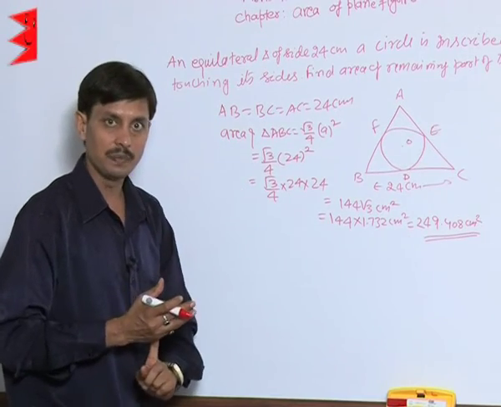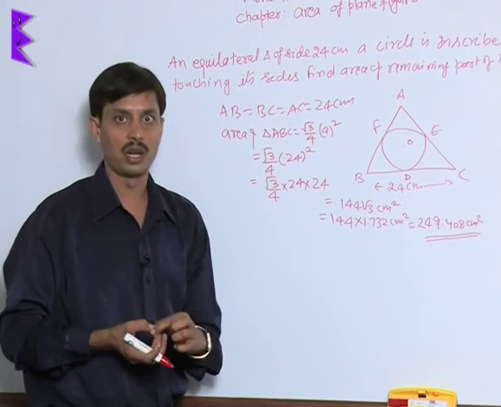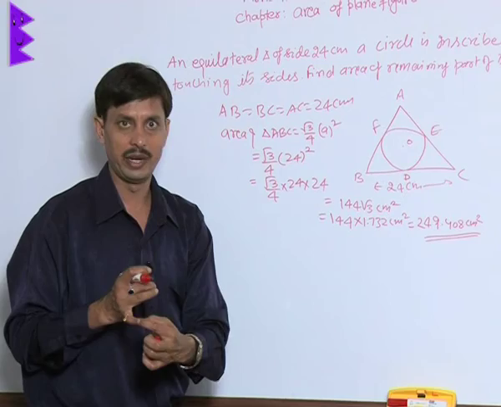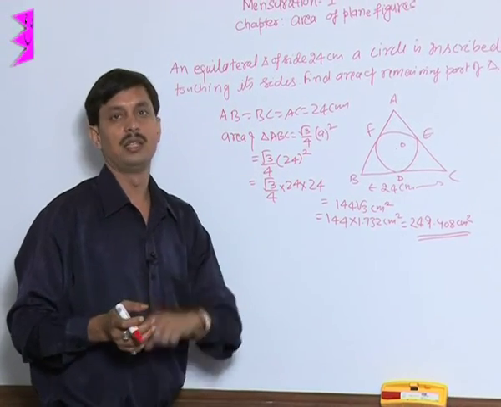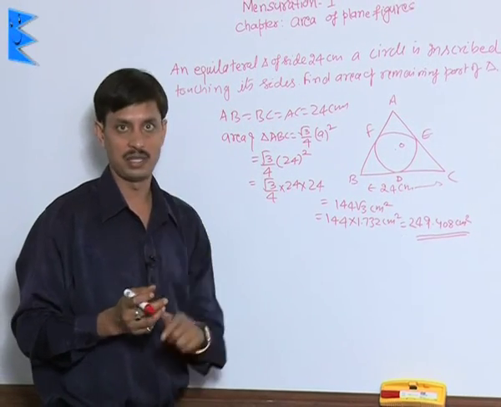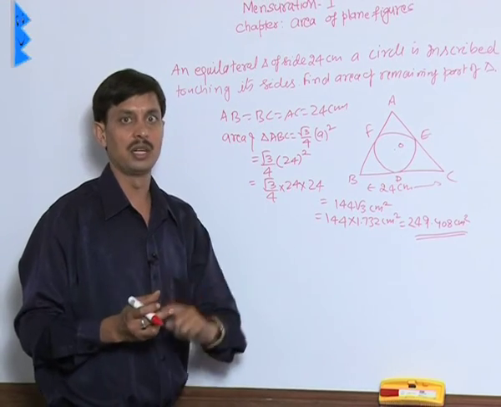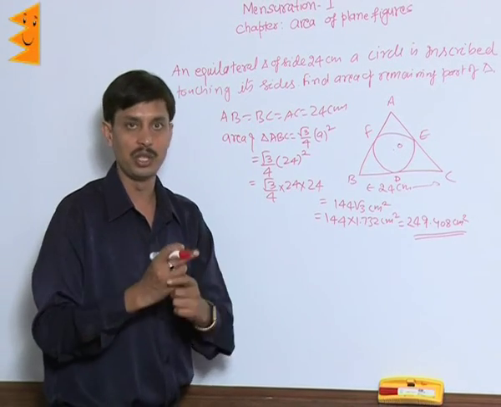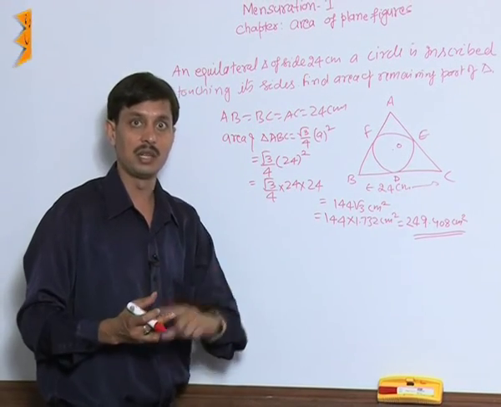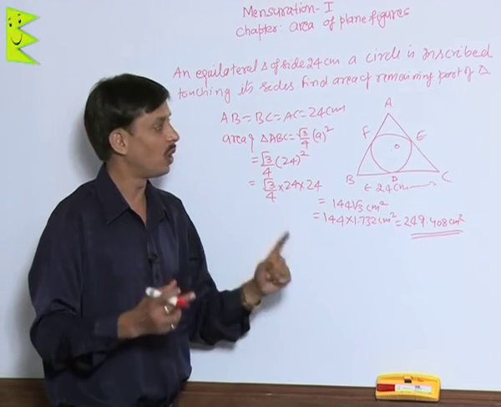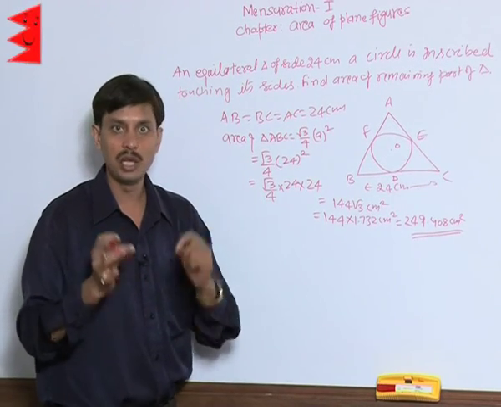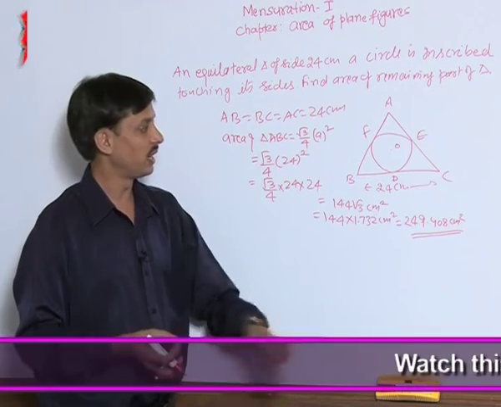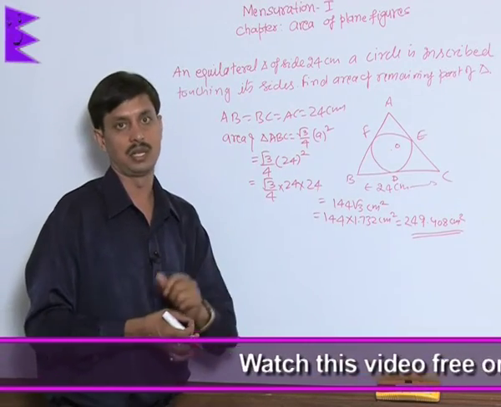The triangle is equilateral, and in an equilateral triangle, the centroid, that is the meeting point of medians, the incenter, that is the meeting point of angle bisectors, the orthocenter, that is the meeting point of altitudes, and the circumcenter, that is the meeting point of all perpendicular bisectors, coincide. It is the same point, and that is the center of the incircle.